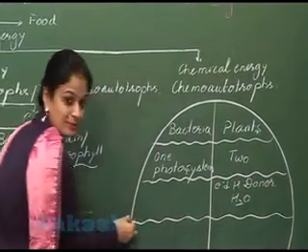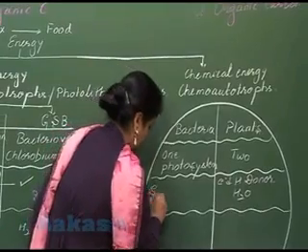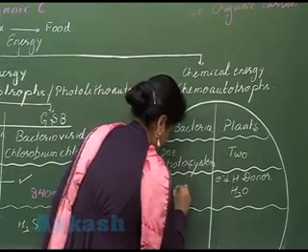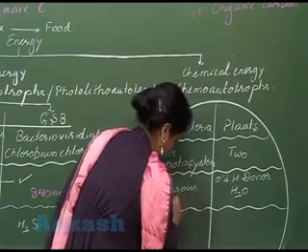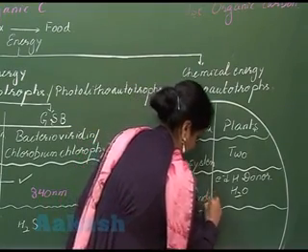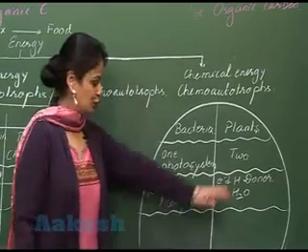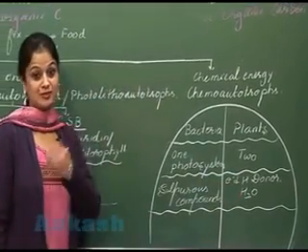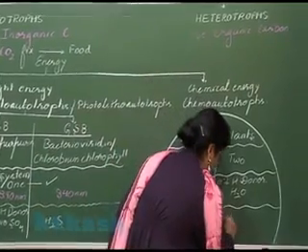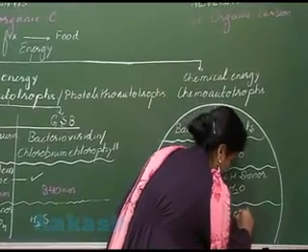In these bacteria, sulfurous compounds are used. Due to the splitting of water, there is release of oxygen. That's why you call it oxygenic photosynthesis.